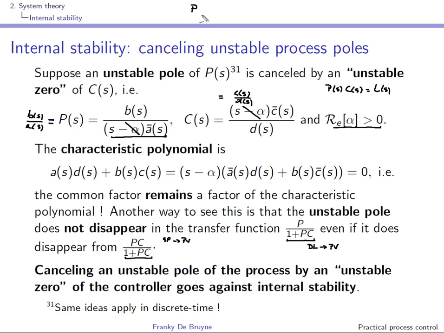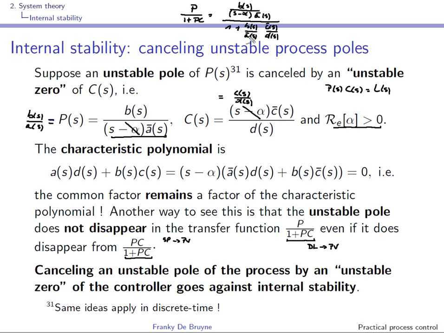So P over 1 plus PC is B(s) over s minus alpha times A bar(s), and then 1 plus, well, we have B(s) A bar(s) right here in this loop gain. The s minus alpha has cancelled out, so we have C bar(s) over D(s), right?